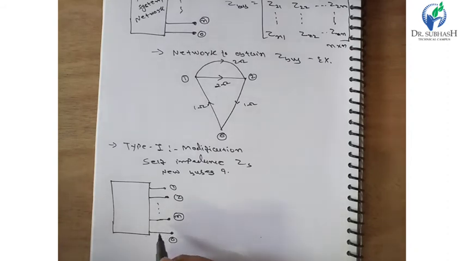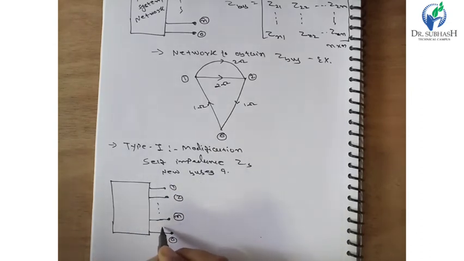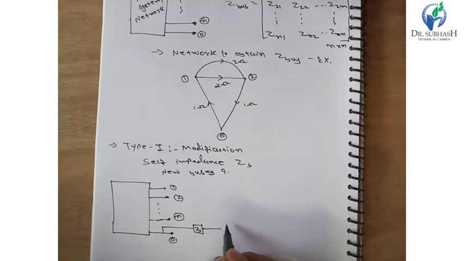So here we put the value of the self impedance, and the value is Z suffix S, and the new bus added in this system is Q.